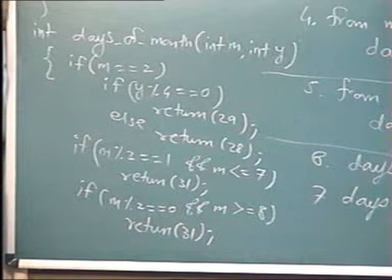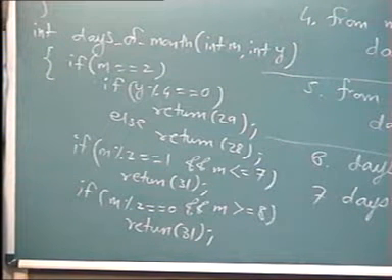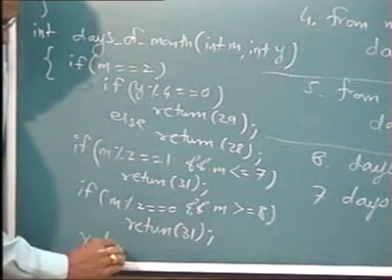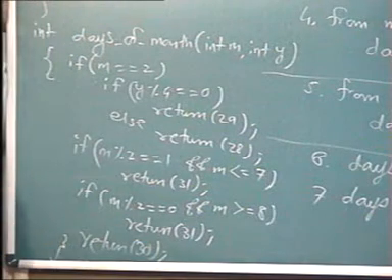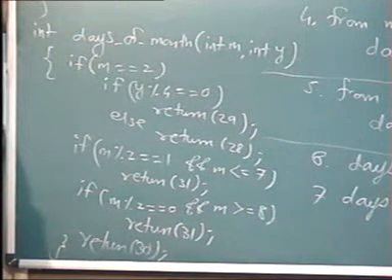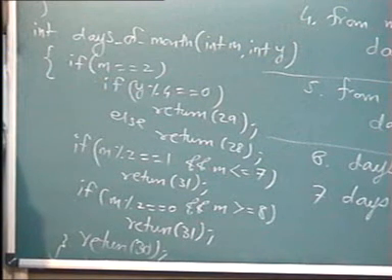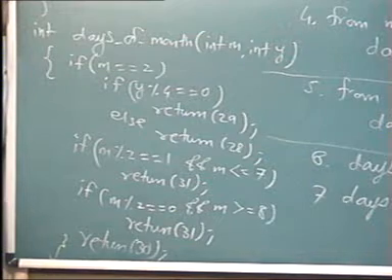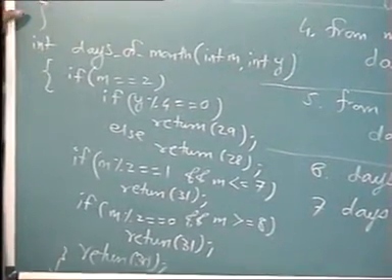Else return 30, because we have tackled all the other cases. Now whatever months remain, they will have 30 days. Right? So now we have assured that these two work properly.